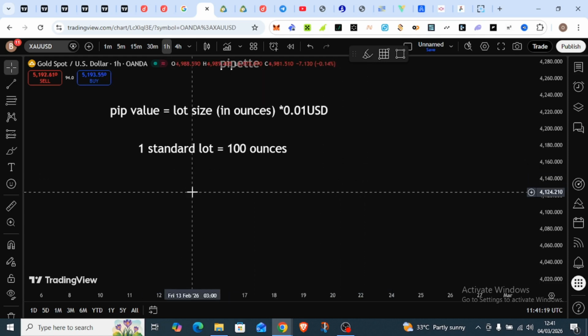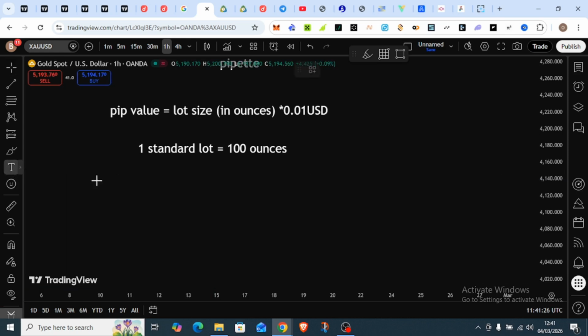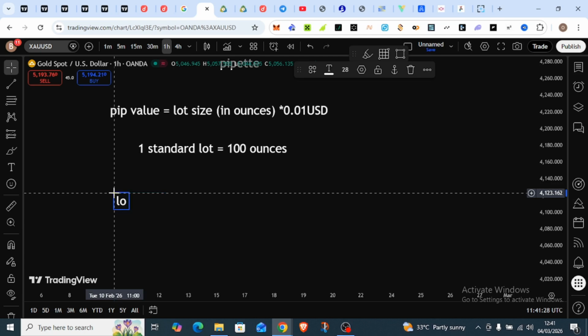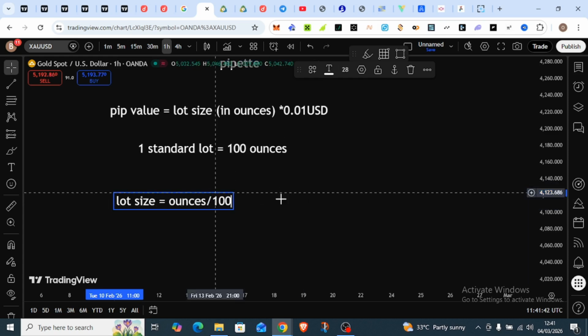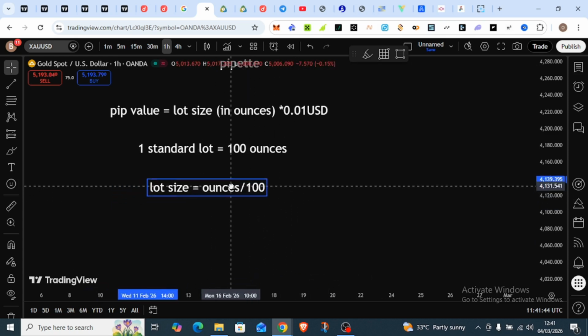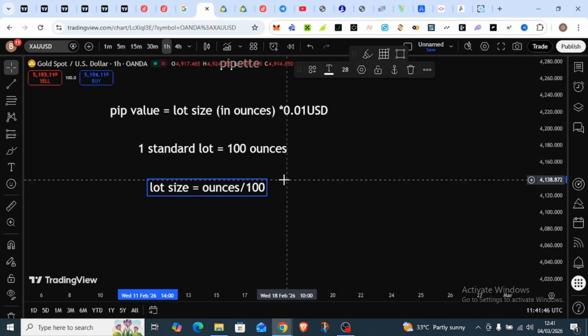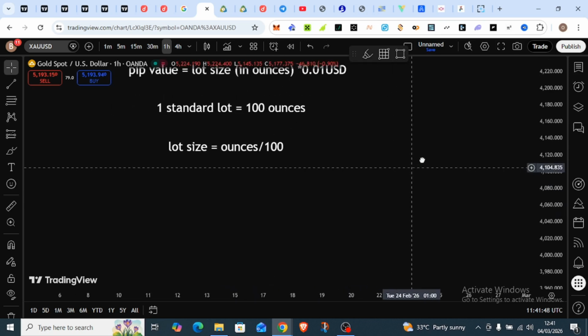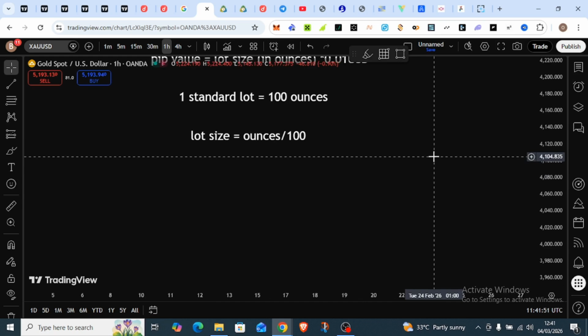There is a relationship between lot size and ounces. So lot size is equal to ounces over 100. So this is the formula. We are going to make use of this formula.